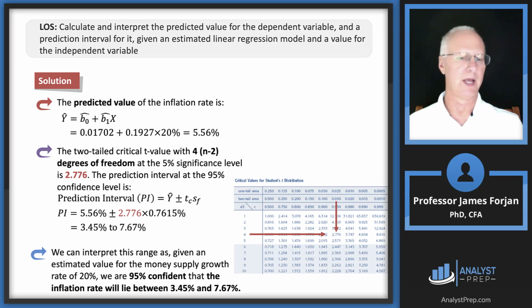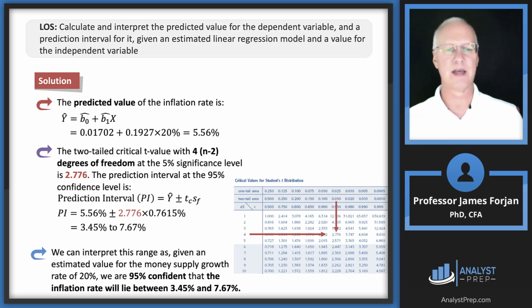And so you get, what do you get? 3.45 to 7.67. So there's the interpretation at the very bottom. We're 95% confident that the inflation rate will lie between 3.5 and 7 2/3, let's say. Wow.